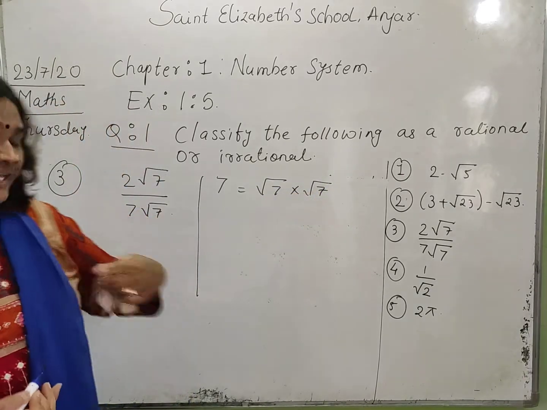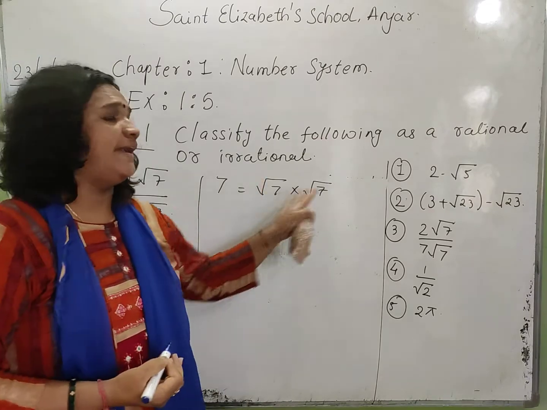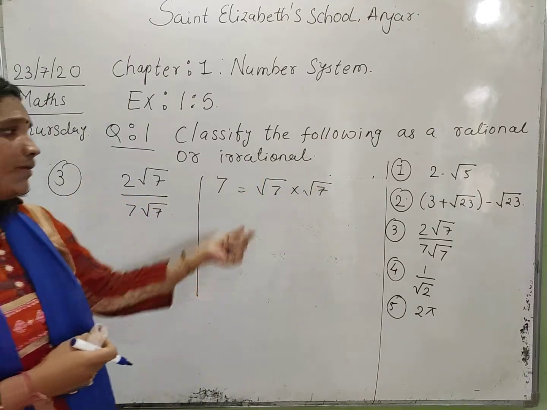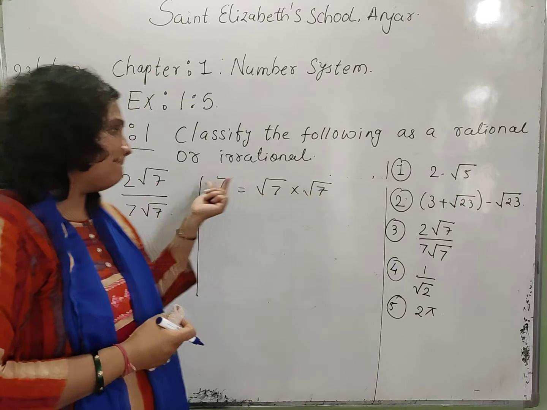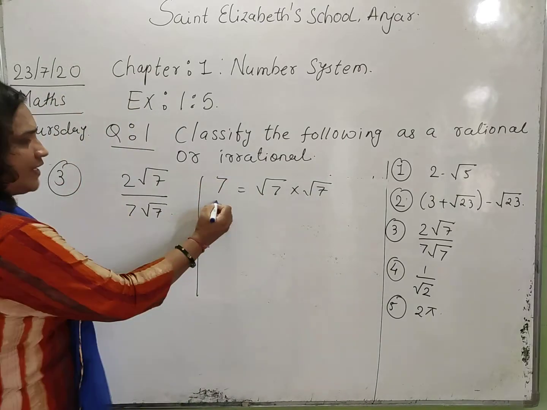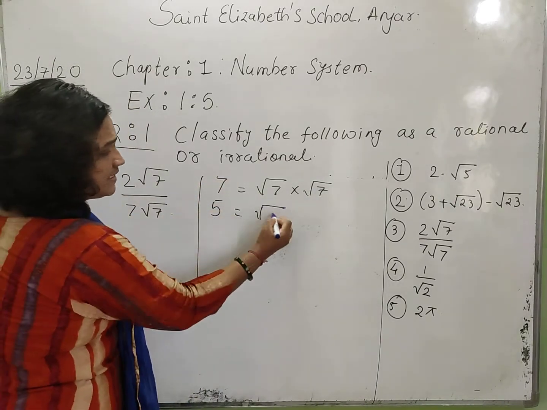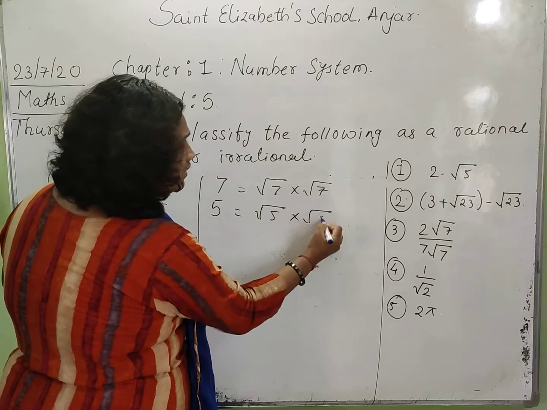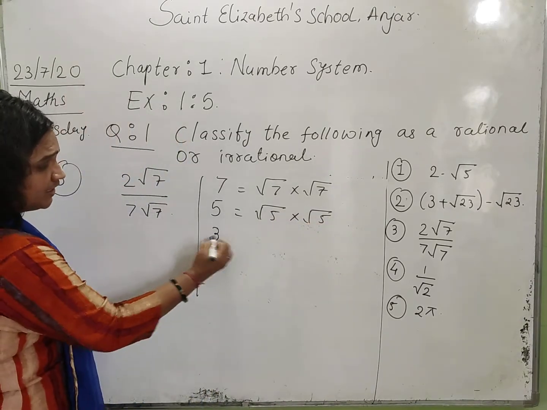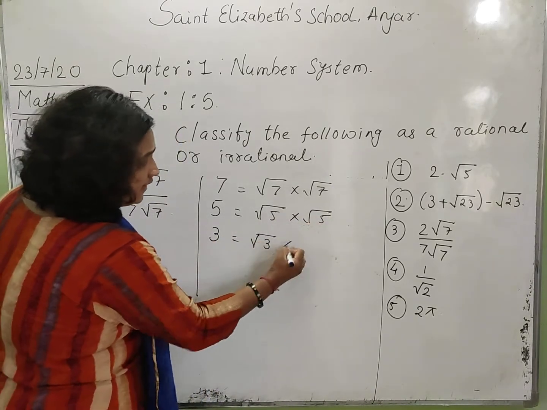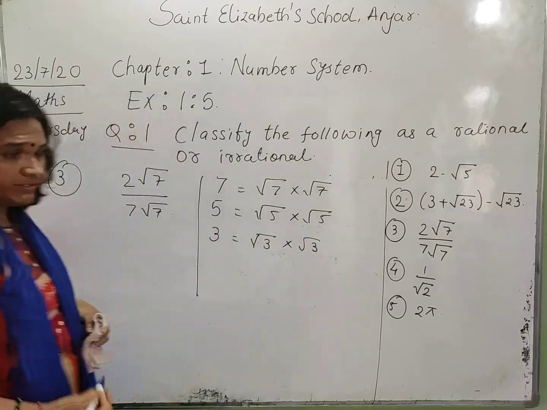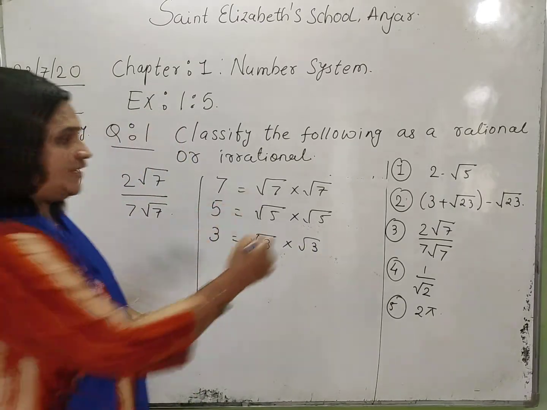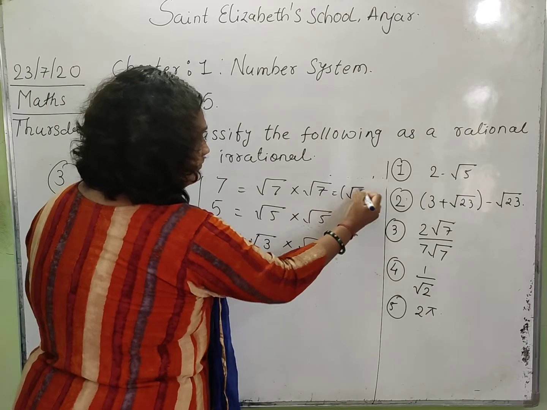In the next exercise, I am going to explain why it is like that. For example, 5 means root 5 into root 5. Suppose I write 3, it is root 3 into root 3.